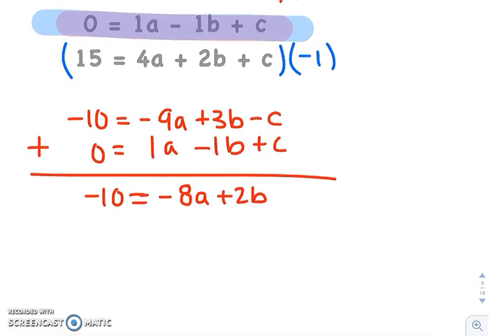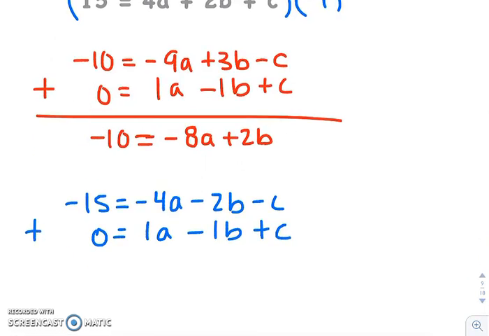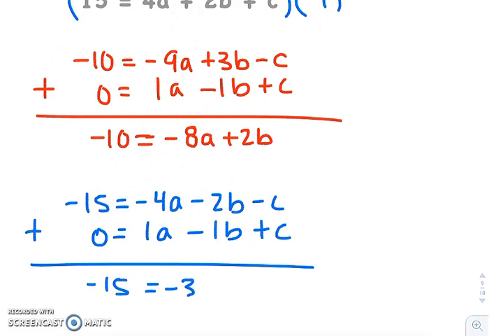So that one that we're manipulating will now be -15 equals -4a minus 2b minus c, and add it to that original. 0 equals 1a minus 1b plus c. Add them up. -15 equals -3a minus 3b.